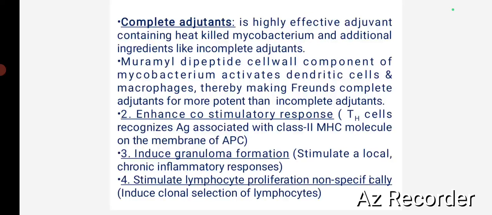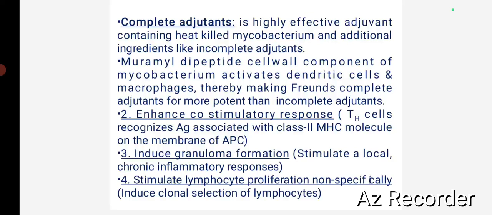Second one, enhanced co-stimulatory response, which enhances the stimulatory response. For example, T helper cells recognize the antigen associated with the MHC class II molecule on the membrane of APC. APC means antigen presenting cells. Here antigen presenting cells means dendritic cells, macrophages and also B cells.